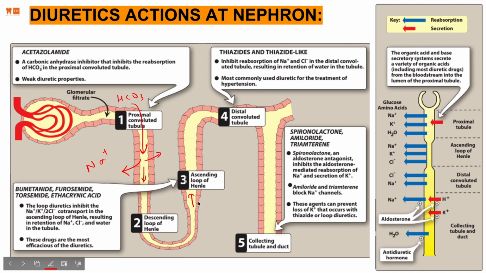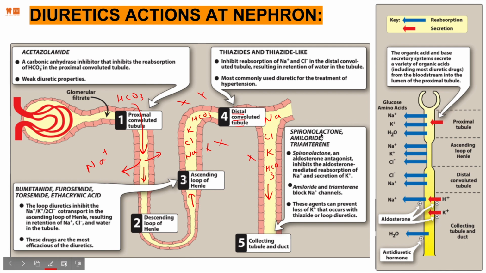As we move through the ascending loop of Henle, that sodium is no longer reabsorbed and is thrown into the urine with potassium and HCO3. Fair enough? Everything is in the urine, no longer in the body. Then the distal convoluted tubule occurs, and all of a sudden, sodium and chloride have a worse effect. They can no longer enter the body. All of these molecules are also leaving the body towards urine.